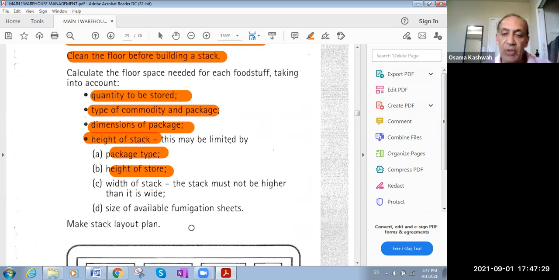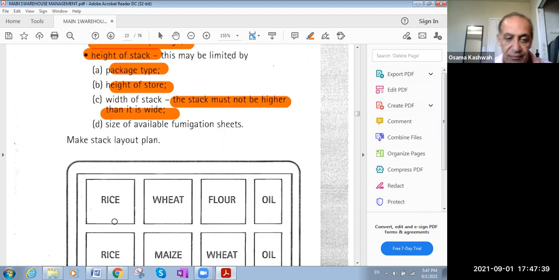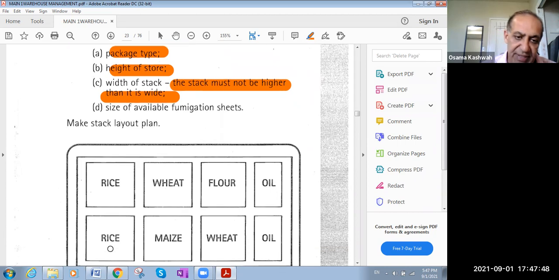You put all this into consideration when you build your stacks. The height of the stack must be no higher than its width, so if its width is, for example, 20 centimeters, the height will be 20 centimeters and so on.